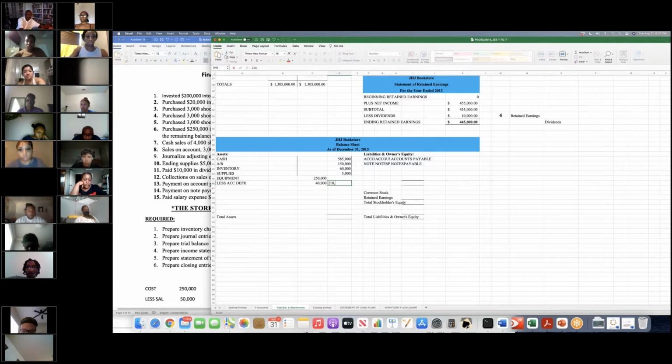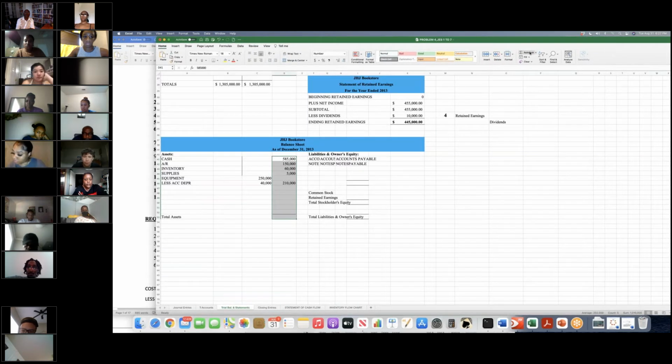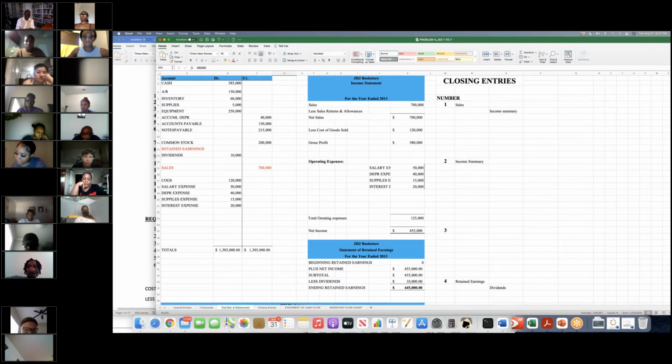Does everyone see that? Yes. So we auto sum those assets.